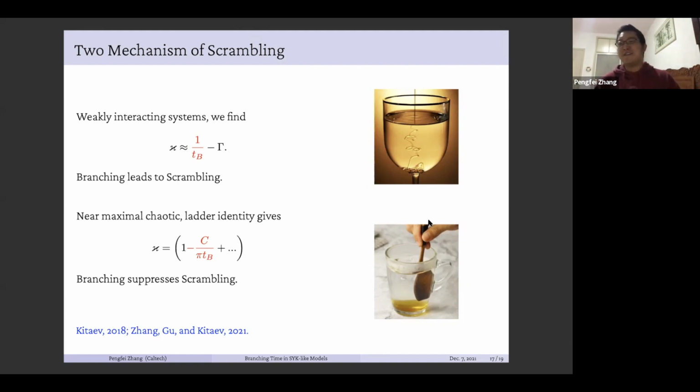On the other hand, sometimes we are in a hurry and we mix the honey and water, we just use a spoon to create some collective mode. And at this time, the honey and water mix more efficiently. So this is like we create some coherent mode to scramble the quantum information.